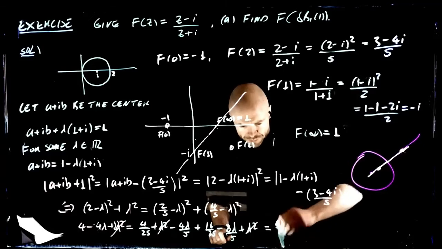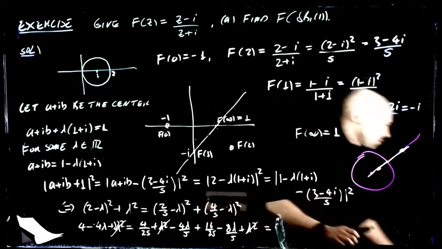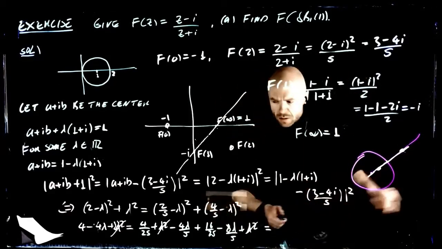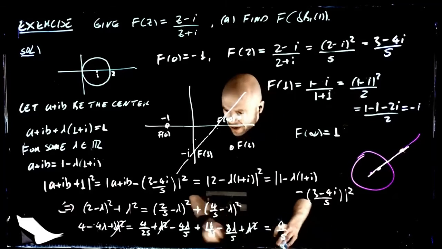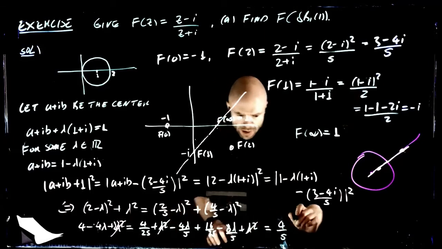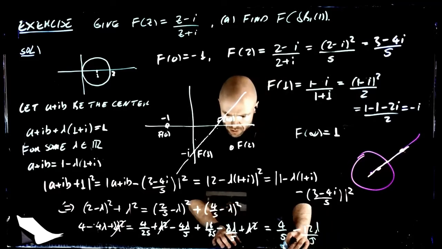Write that better. So we have 4/5 from adding these things together. And then from this thing, we're going to have minus 12 lambda over 5.